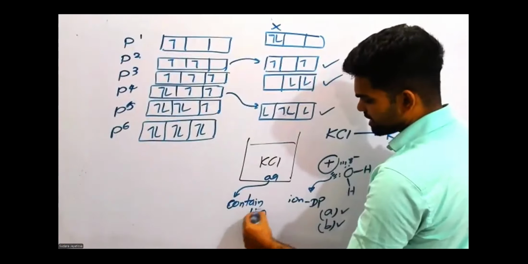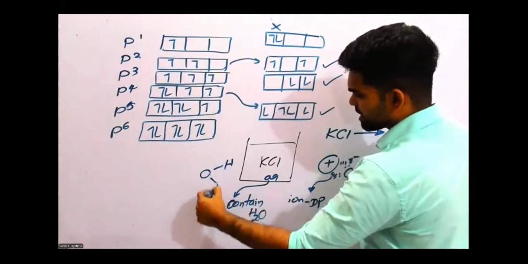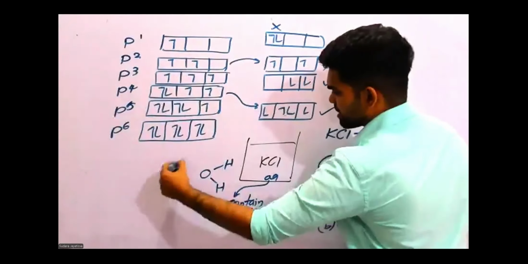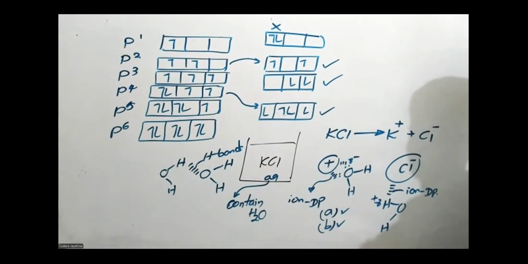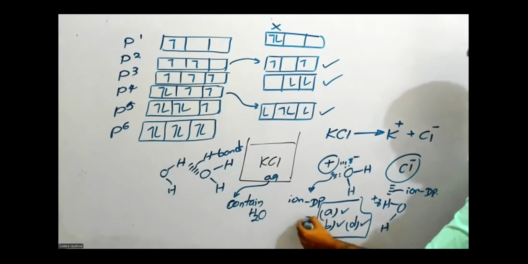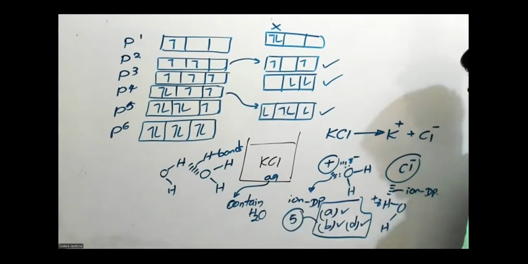Between two water molecules, what can there be? There can be hydrogen bonds. So our answer D is also correct. C is telling something about dative bonds. It's wrong. Dative covalent interactions are not there. So anyway, the answer is going to be answer 5 because 3 statements are correct.